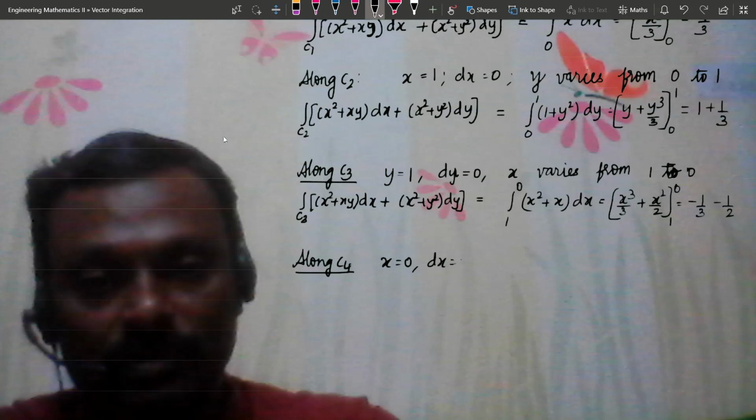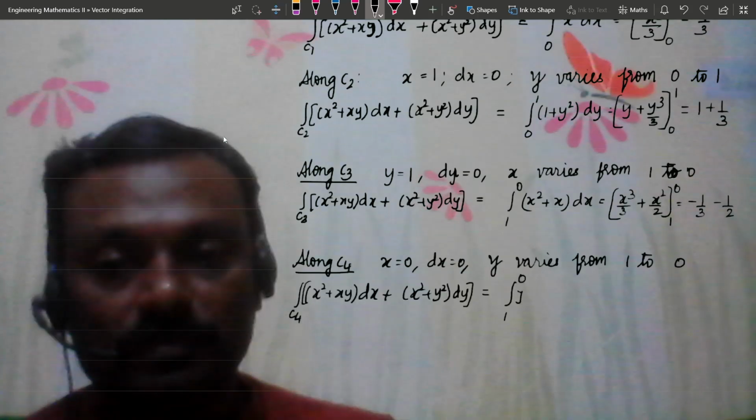So in the integrand wherever x comes, replace it by 0, and dx is also 0. The result is the integral from 1 to 0 of y squared dy. Integrating y squared we get y cubed by 3 under the limits 1 to 0. So we have minus 1 by 3.